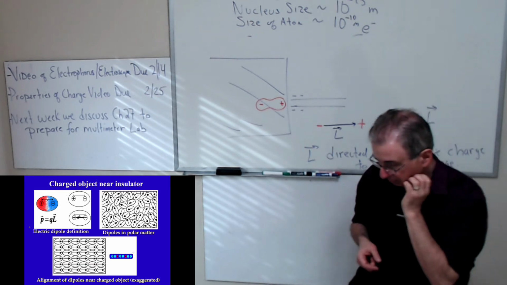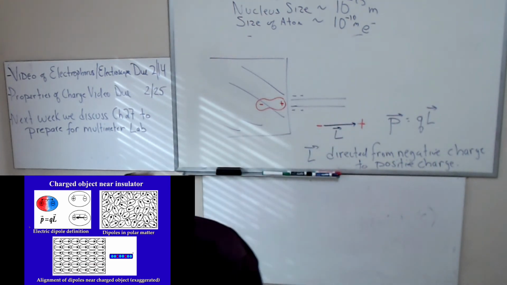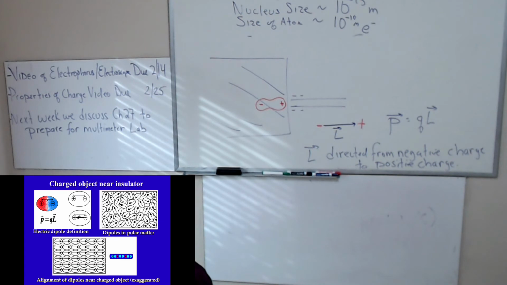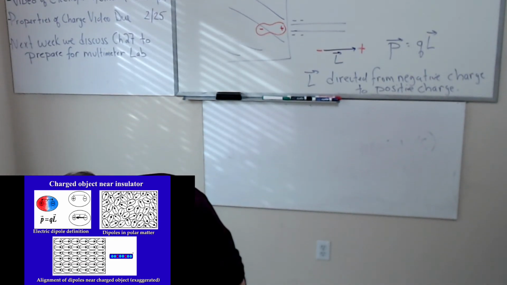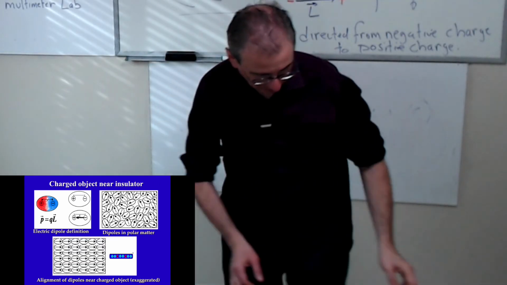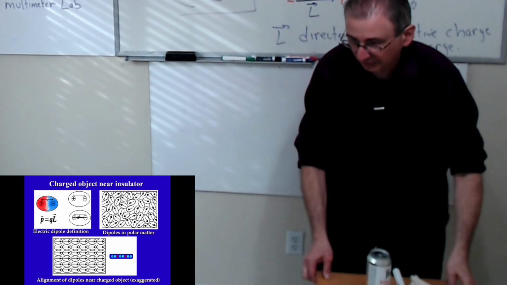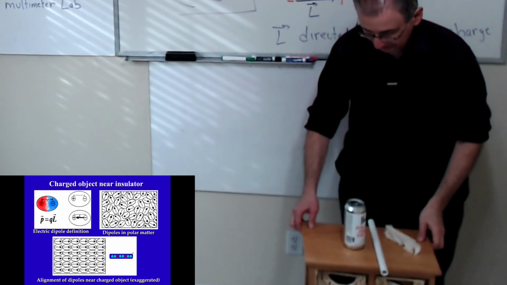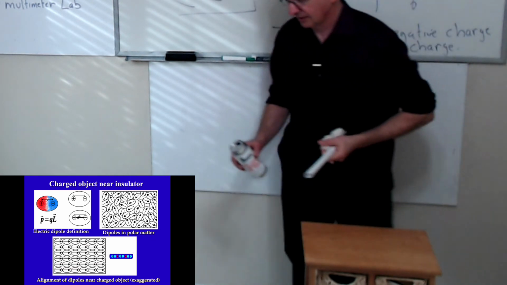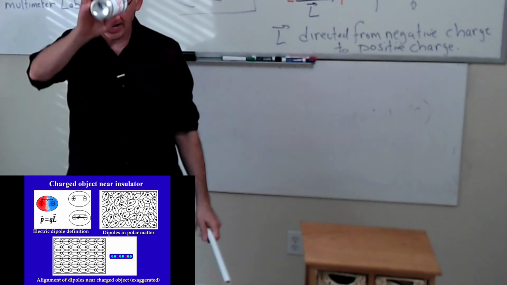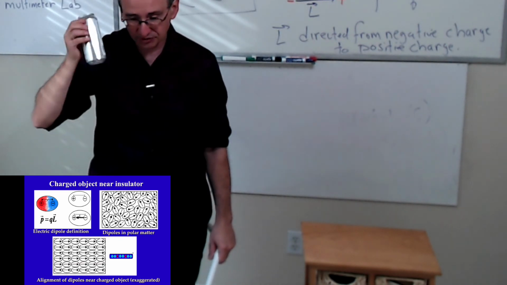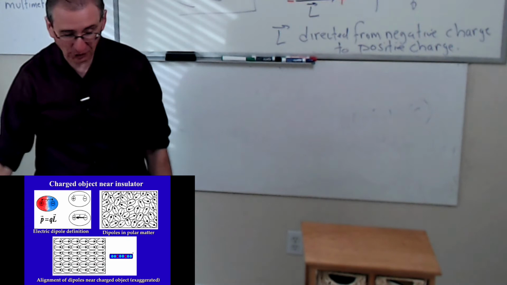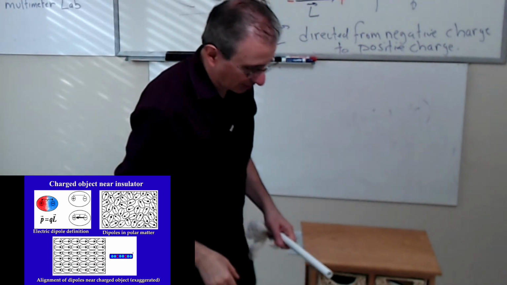So, one more demo, and then I'll go on. This might be a little bit more dramatic. So you saw that when I have a metal object, like a can, that's uncharged, it will always be attracted to something that's charged.